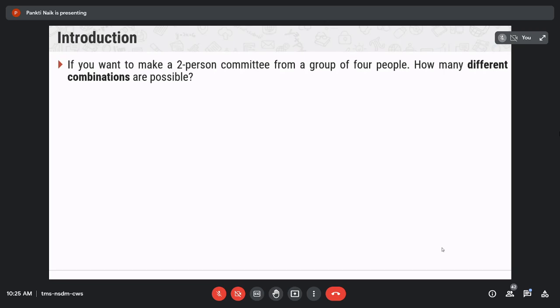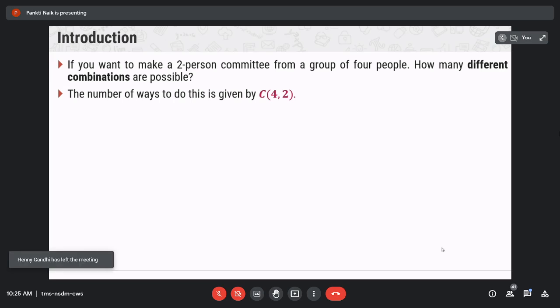There are four people in one group, and out of these four people, you want to make a committee of only two people. So what are the possible combinations of these two people? The number of ways to do this is given by C of 4 comma 2.